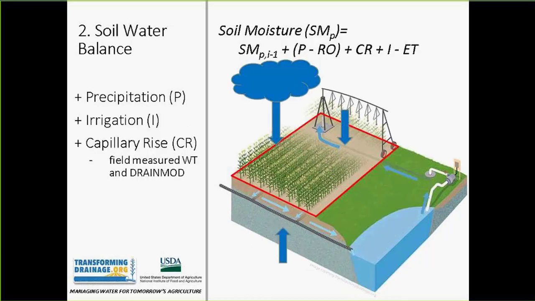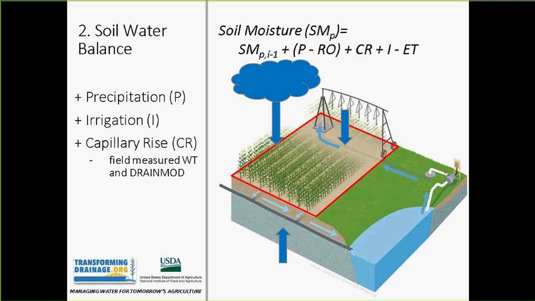Now the soil water balance in the field. I'm sure most of us are familiar, at least in concept, with this water balance or soil moisture balance. The primary additions to soil moisture that we have being tracked are precipitation again, irrigation, which I'll explain in just a second, and one recent addition, this capillary rise term, which isn't necessarily the easiest thing to measure.